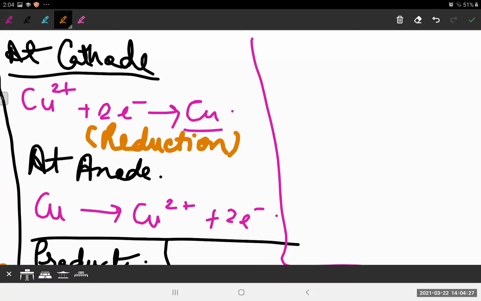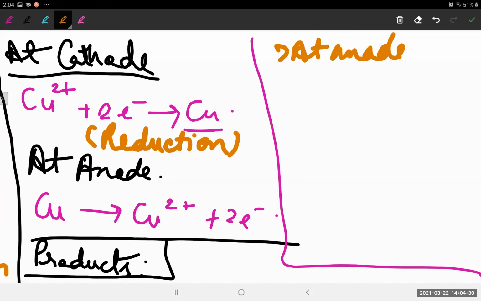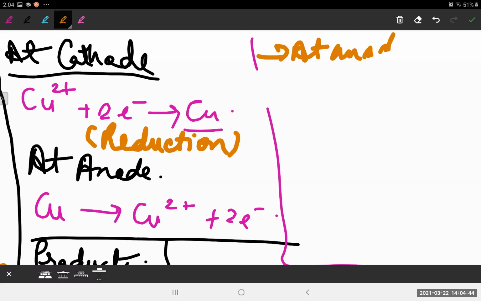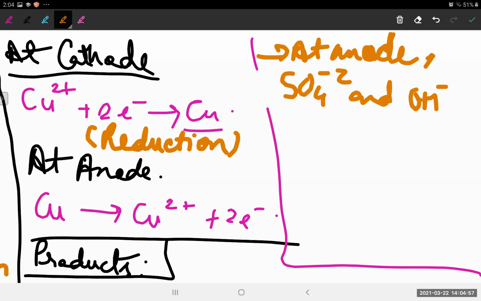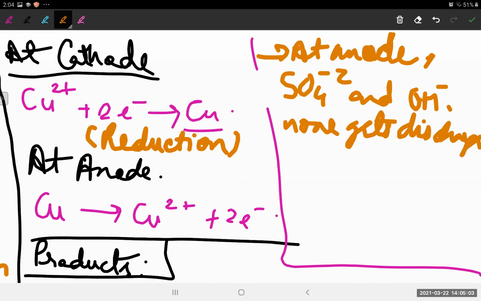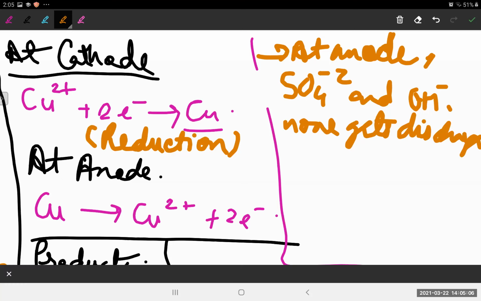So you can just write it here that at the anode, SO4 2- and OH-, none gets discharged. Why?